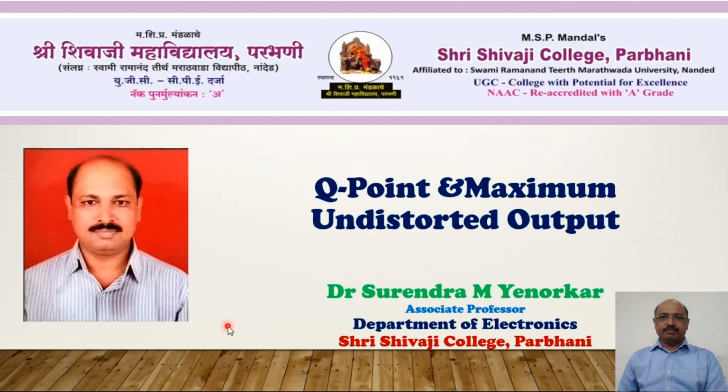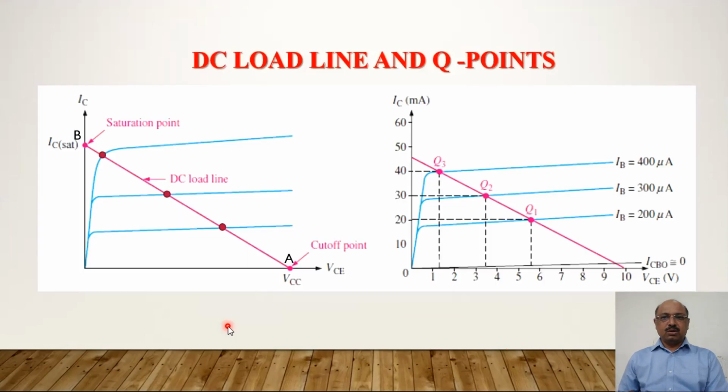In this video we learn about the Q point and how we get maximum undistorted output of the CE amplifier circuit from the output characteristics. Now look at this figure.